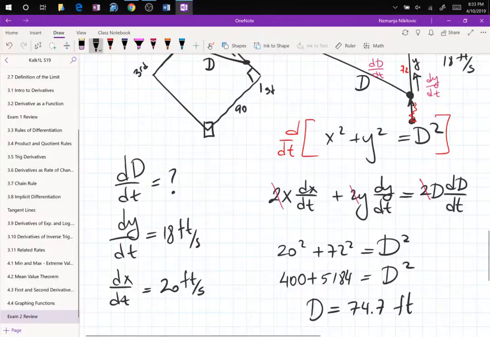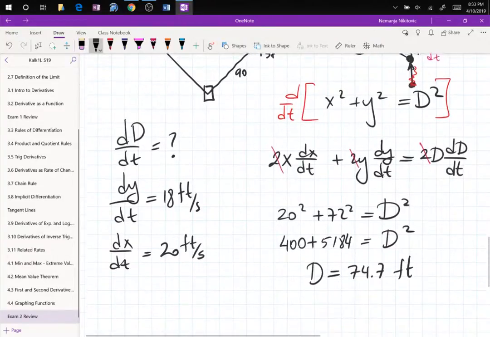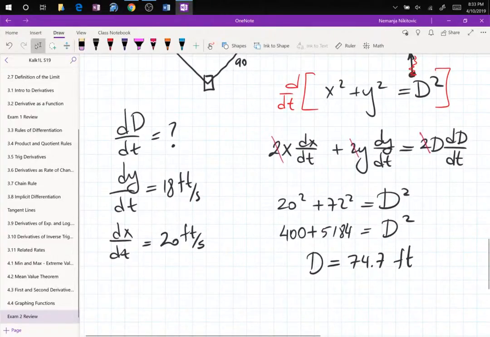Remember, 1 decimal place extra because your input numbers did not have decimal places at all. So you're allowed to have 1 decimal.